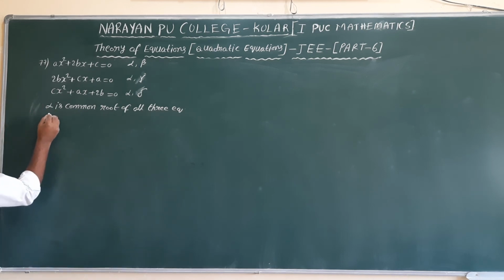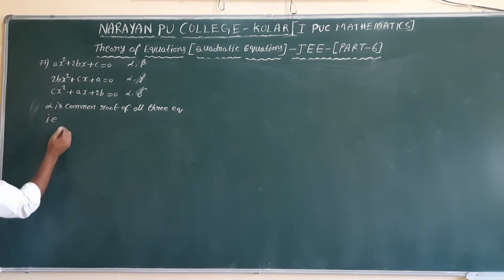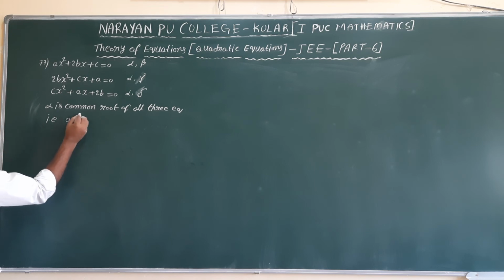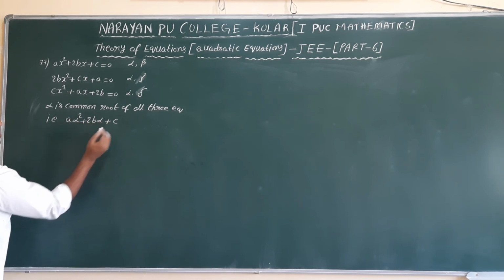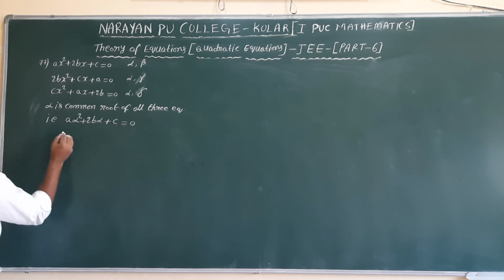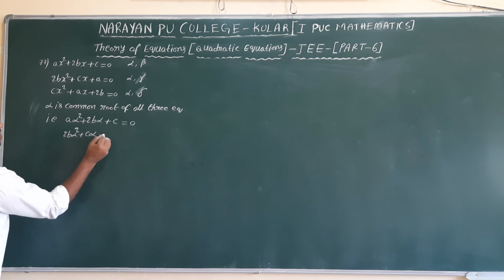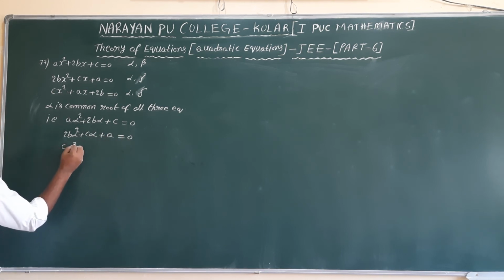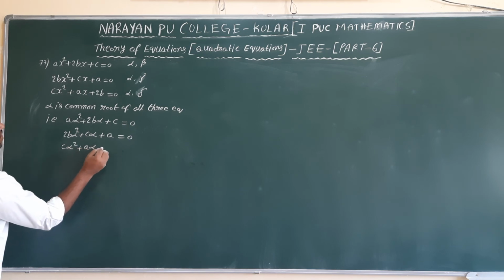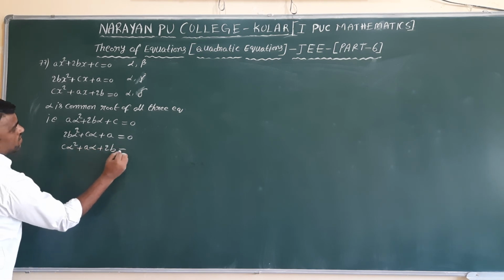Wherever x is there, substitute alpha. a alpha square plus 2b alpha plus c equals 0. 2b alpha square plus c alpha plus a equals 0. c alpha square plus a alpha plus 2b equals 0.